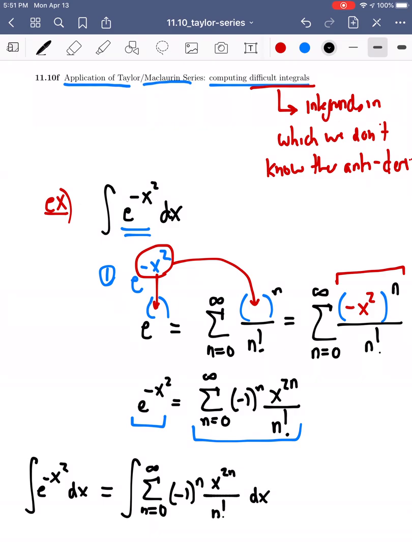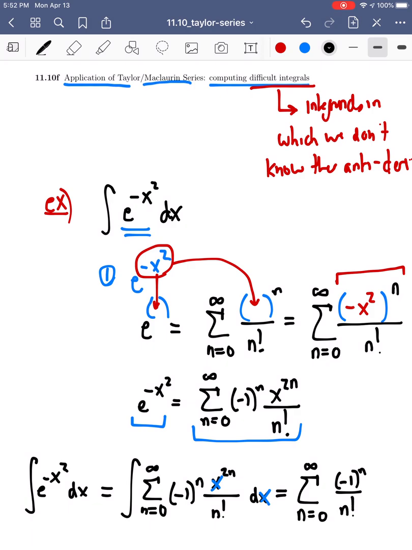What's nice about this is that whenever we are integrating these power series, we're integrating with respect to x. And like we've seen for power series, what that effectively means is we only have to do an antiderivative power rule, because nothing else inside of these infinite series has any x dependence. So if we integrate that x to the 2n term, we'll get a minus 1 to the n all over that n factorial that was there before.